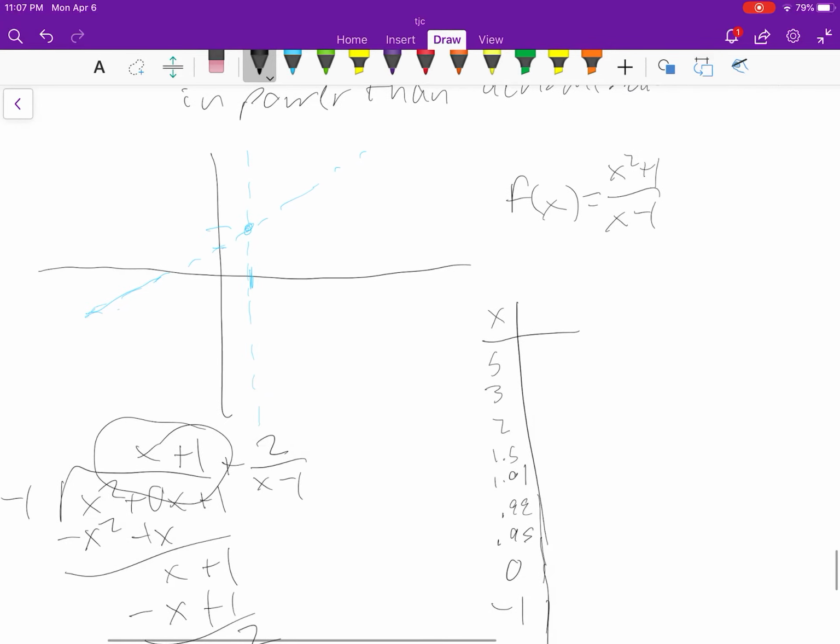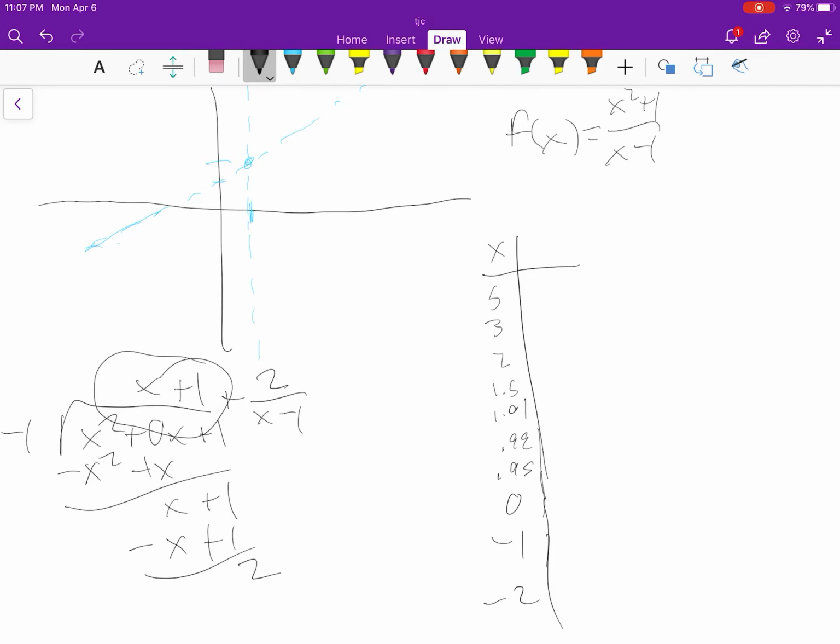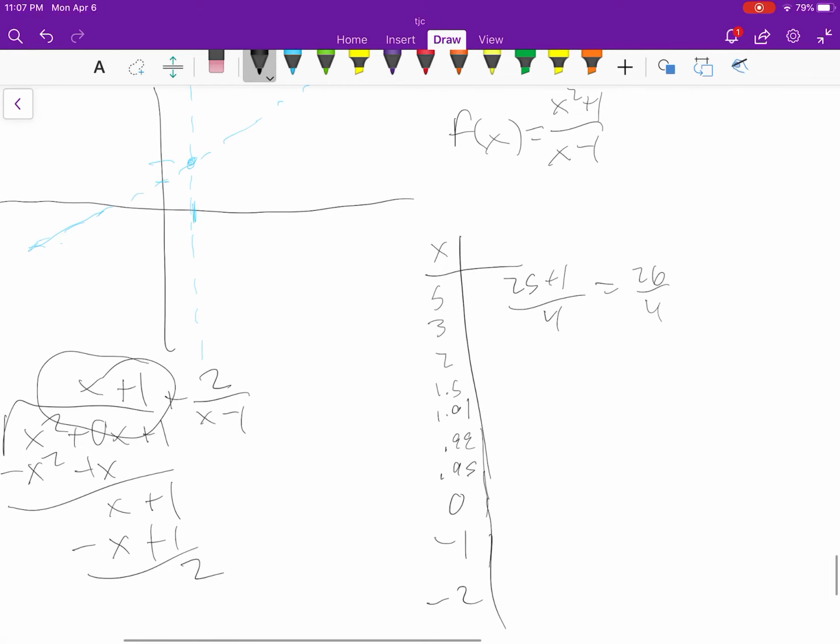If I start plugging them in, plugging in 5, you're going to get 25 plus 1 over 4, which is 26 over 4, which reduces to 6 1/2.